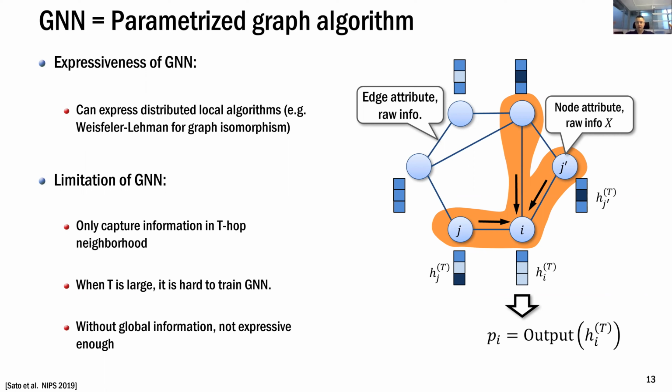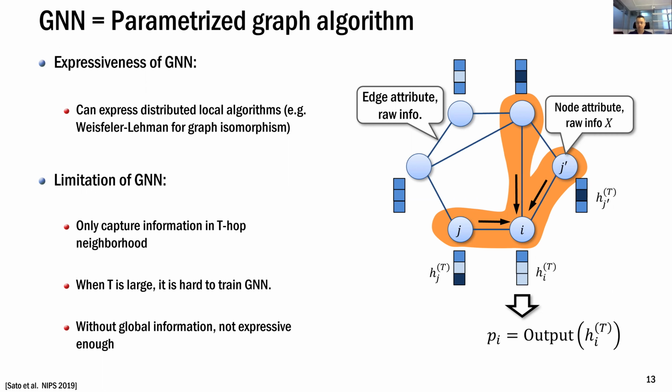If you want to look at a larger neighborhood in your graph, you increase your t, and that means your forward computation when you pass the message is going to grow bigger, exponential in the average degree of the nodes in the graph and the number of hops you run. It also creates difficulty when you try to optimize the parameters in the graph neural net, because you need to pass the message backward, right? And that's also going to be computation intensive.